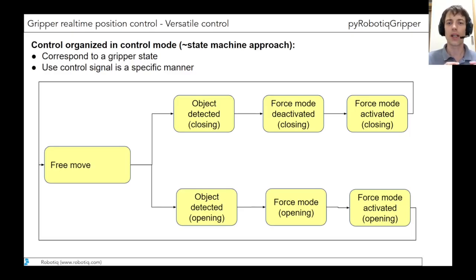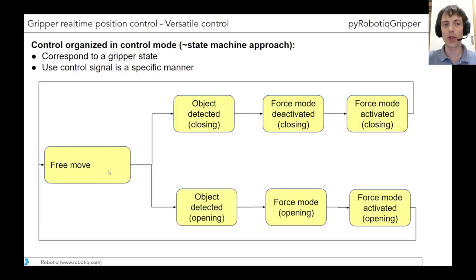The function has different control modes, and each mode corresponds to a specific gripper state, and also each mode has its own way to process the control signal of the joystick. So the first mode is called free move.